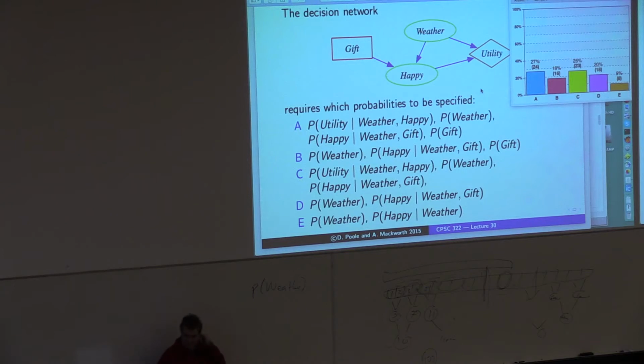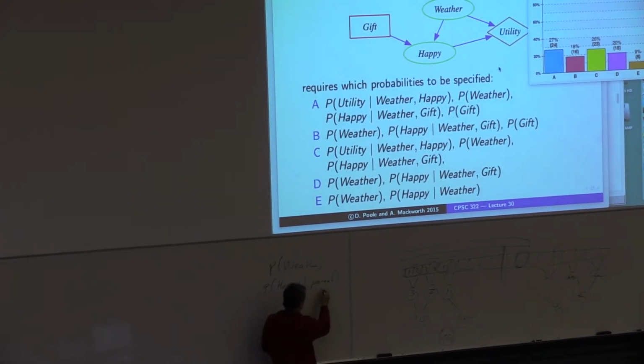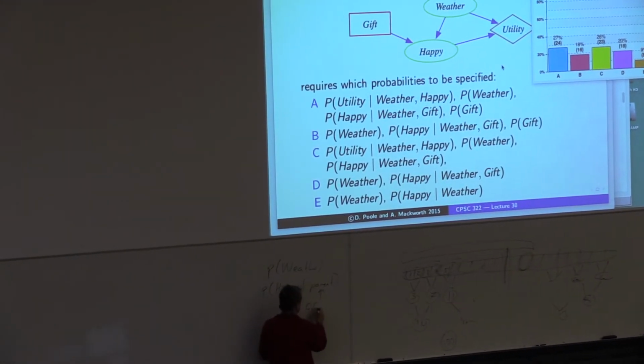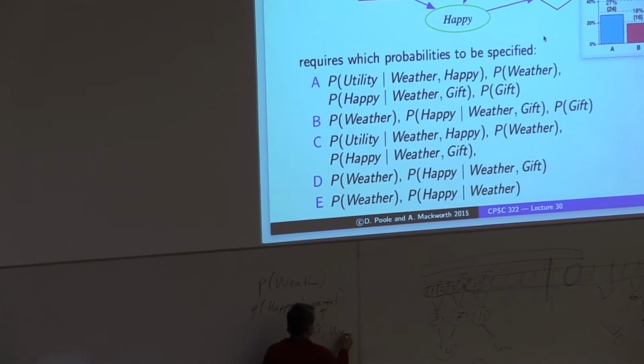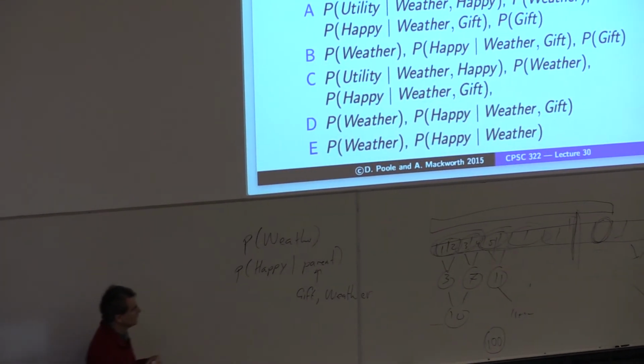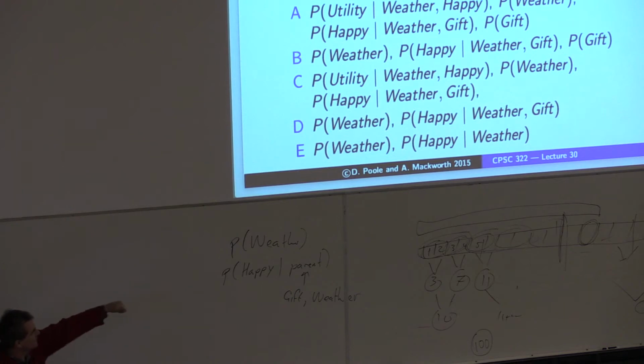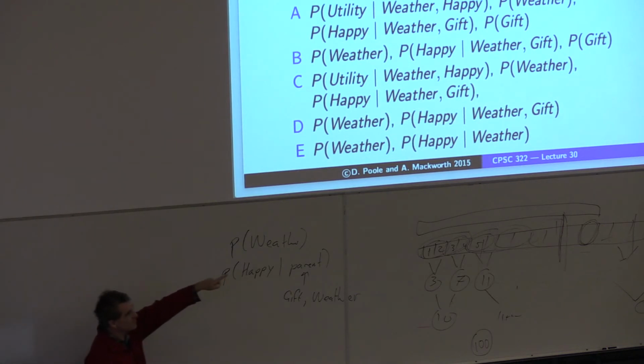And there's a probability of happy given its parents, which in here are gift and weather. There's no probability of utility. Right? There's no probability distribution of utility.